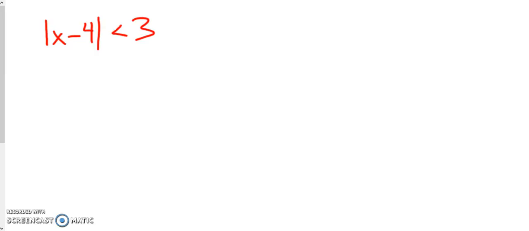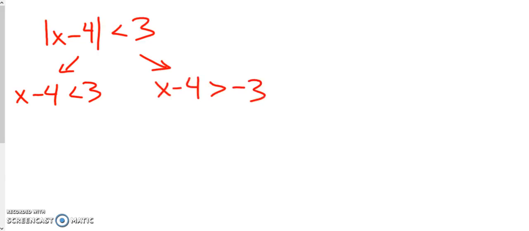Since the absolute value is isolated, you can do this like we did before, right? And you can say x minus 4 is less than 3. What's the other one? Is greater than negative 3. And what word do we use in here? And or. And, because this was less than, right?